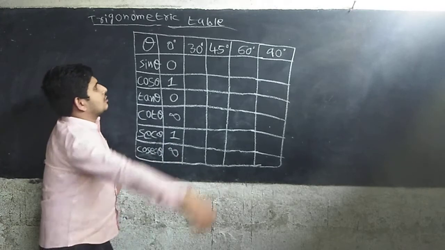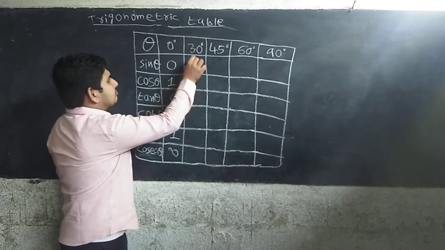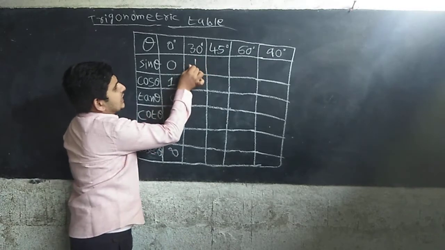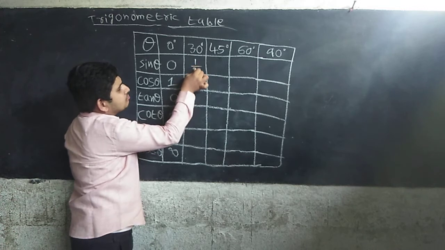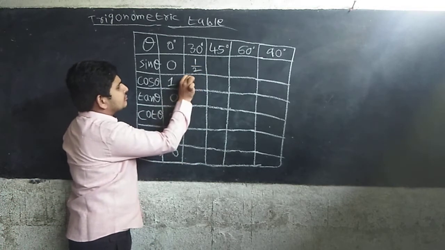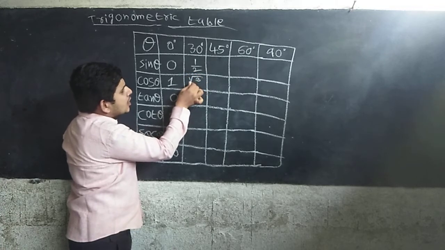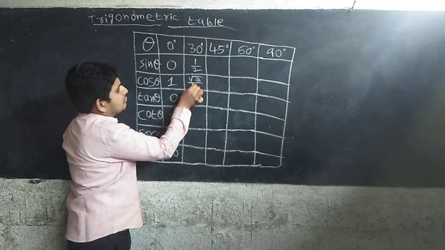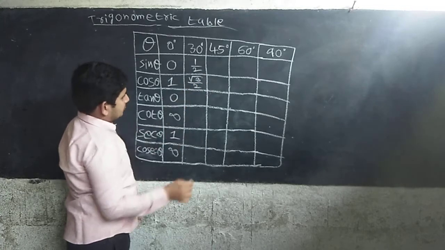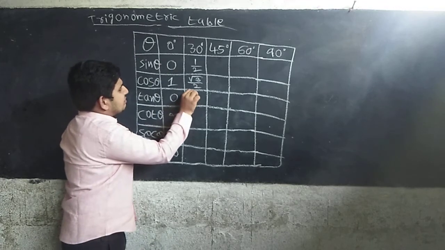Now 30 degree. Sin 30 is 1 by 2. Cos 30 is root 3 by 2. Now tan 30 equals 1 by root 3.